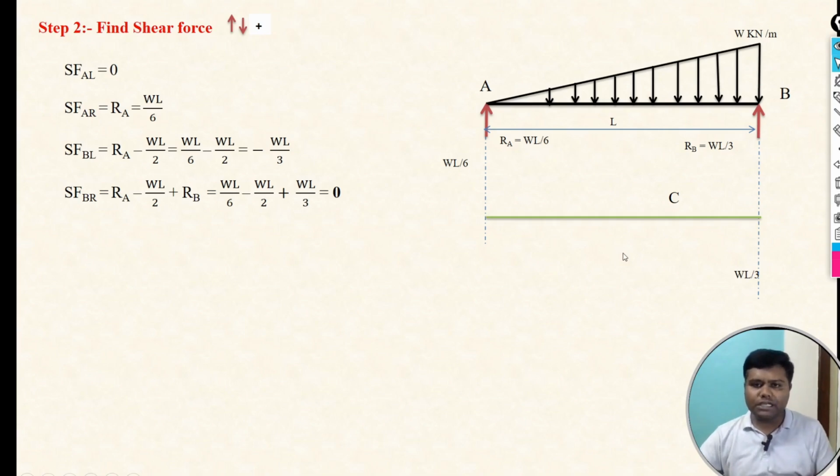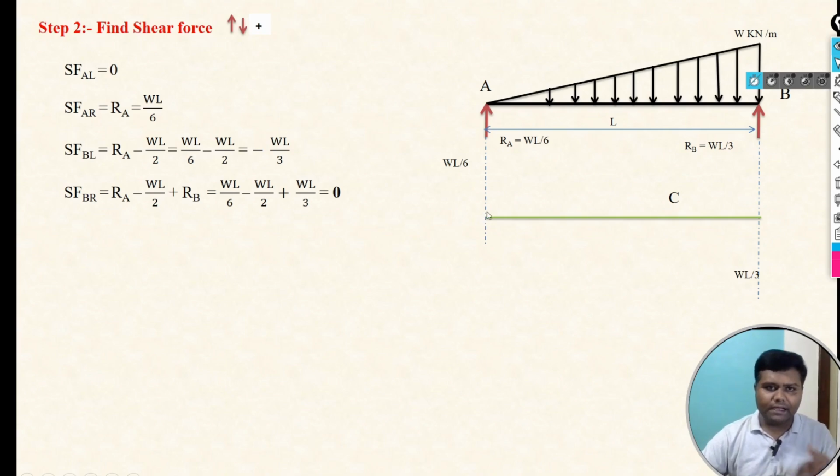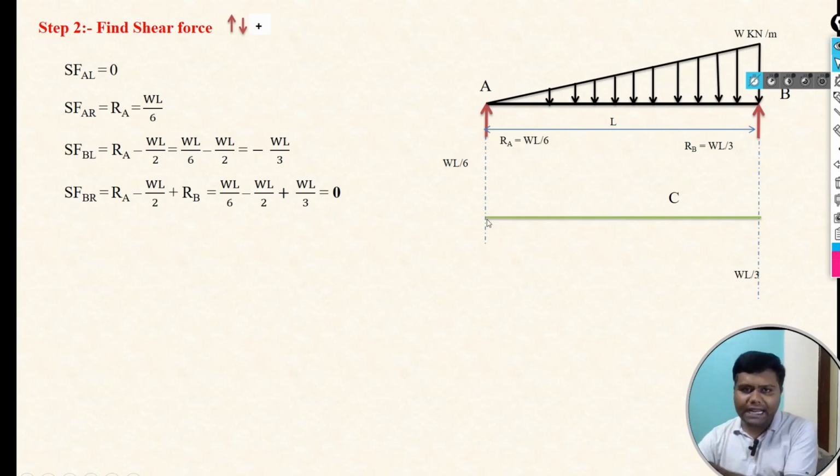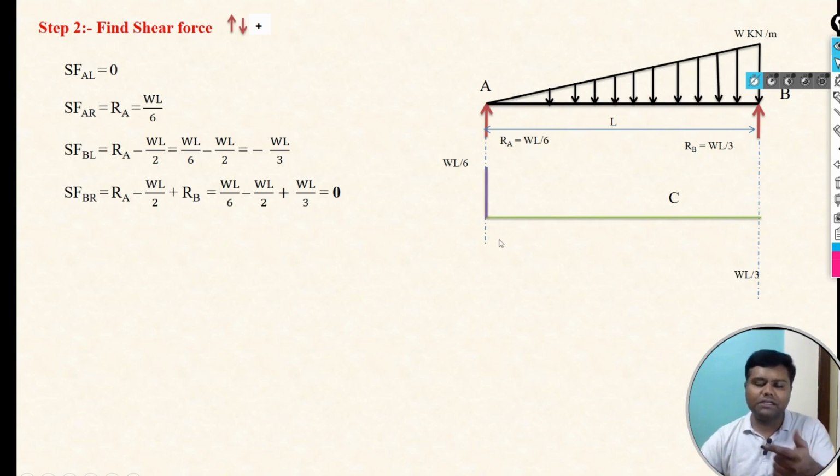For drawing the shear force diagram, first we have to consider a baseline, and after that we have to draw on it. This is our point A, and at A left there will not be any force, it is 0 in shear force, but at A right the shear force is there, that is WL by 6. So we have to consider WL by 6.